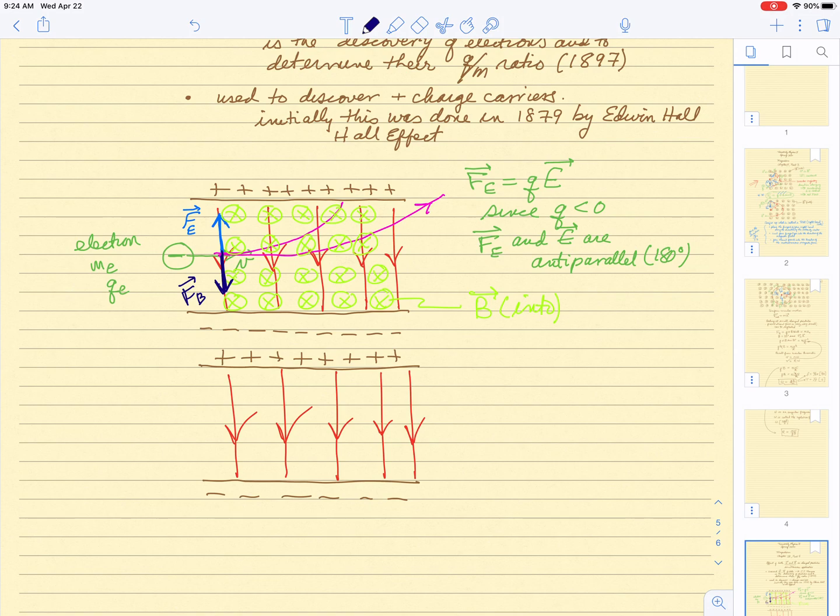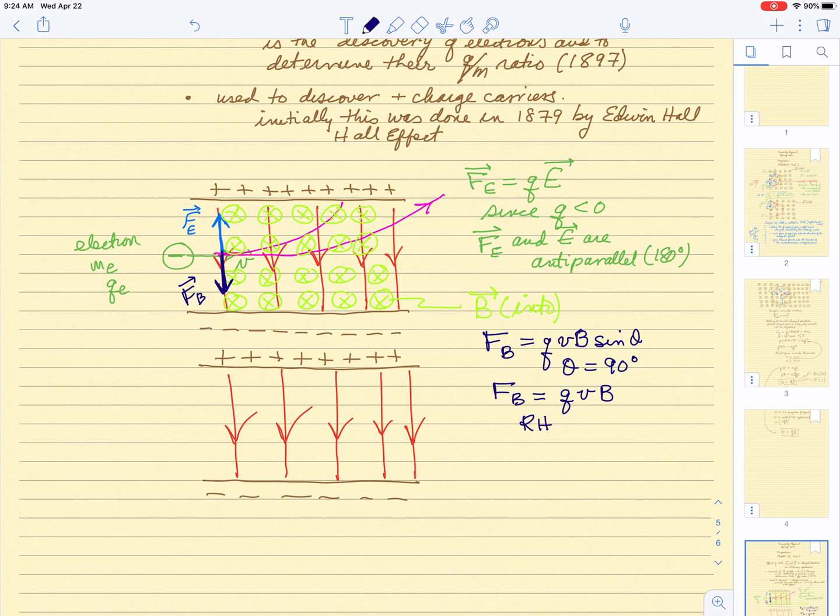And so the magnetic force is going to be qvB sine theta. Theta is equal to 90 degrees. And so the magnetic force in magnitude is going to be qvB.